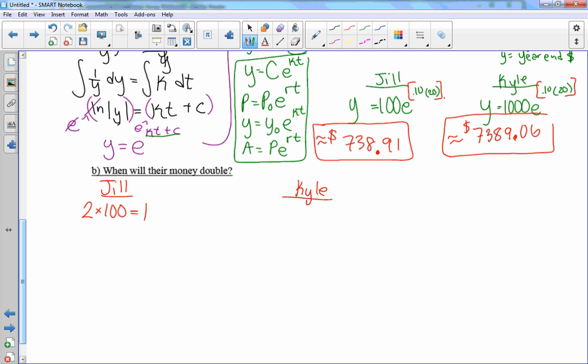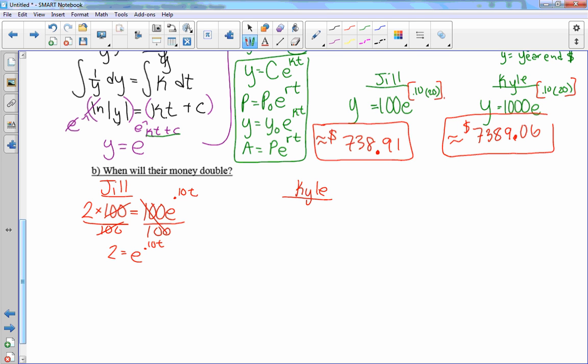Equals the 100 e to, do we know the rate? Do we know the time? No, that's what we're looking for. When will it double? And the reason I have that as 2 times 100 is because if I'm solving for t, we get it by itself. So move the loose ends first. Divide by 100, divide by 100, and so my 100's already there. So 2 equals e to the 0.10t.